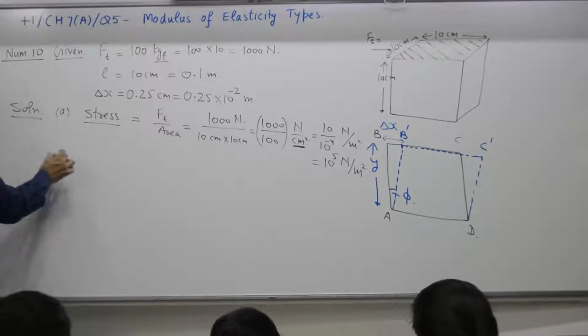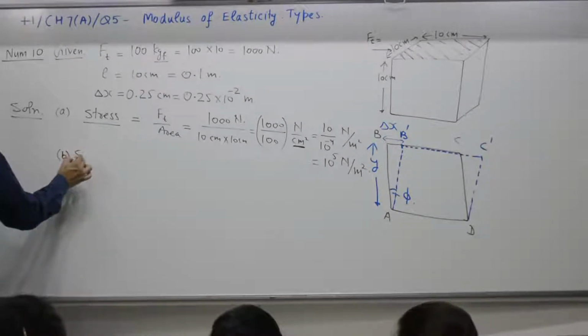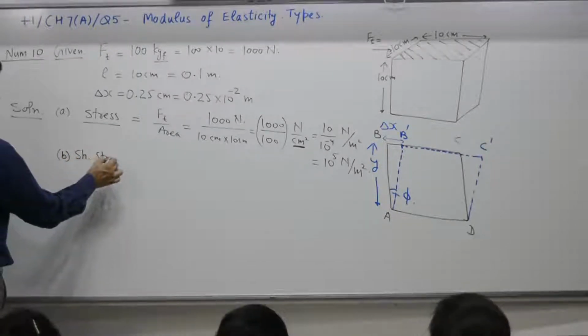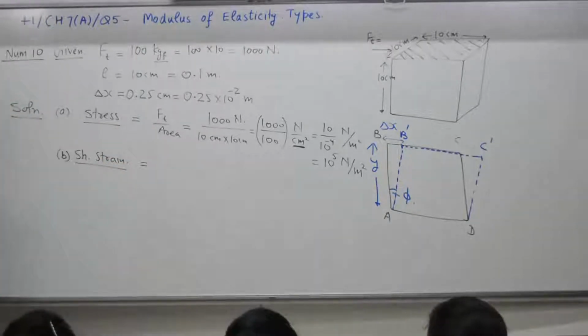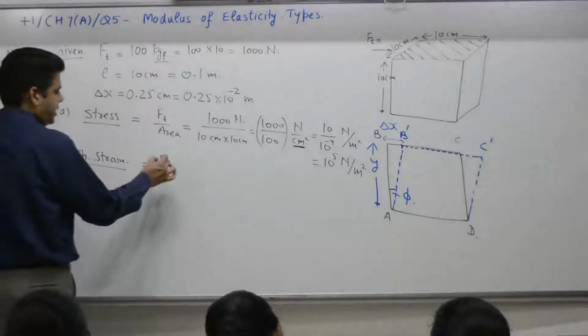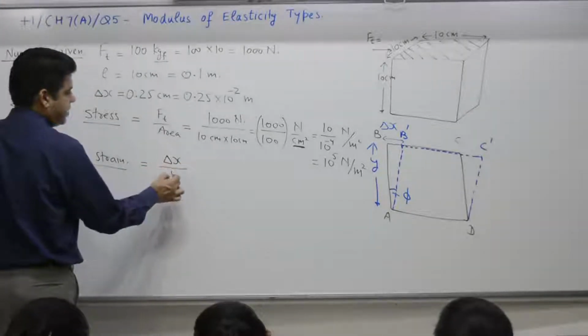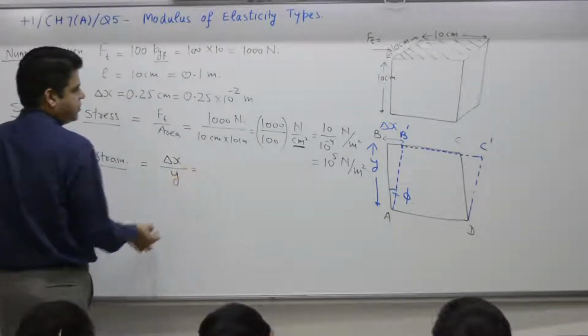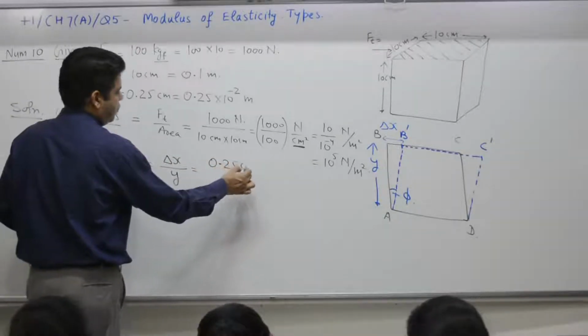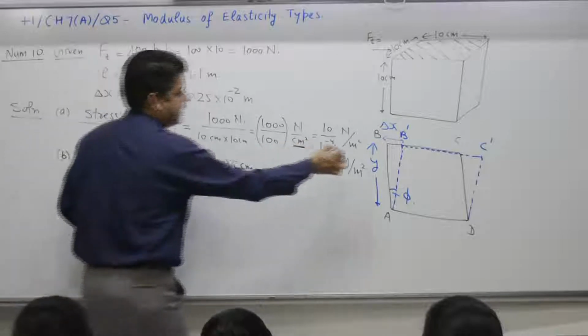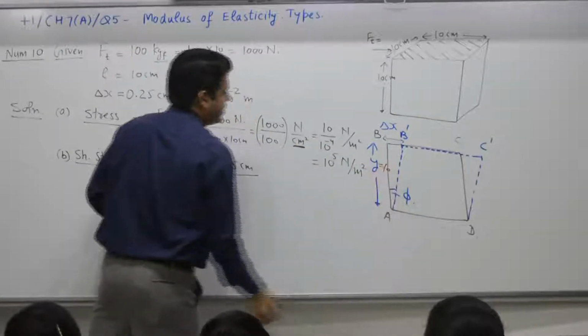Second part: shearing strain is equal to what? Tangent phi is equal to phi, which is delta x by y. Delta x is 0.25 centimeter. Y, that means length L, is 10 centimeter.